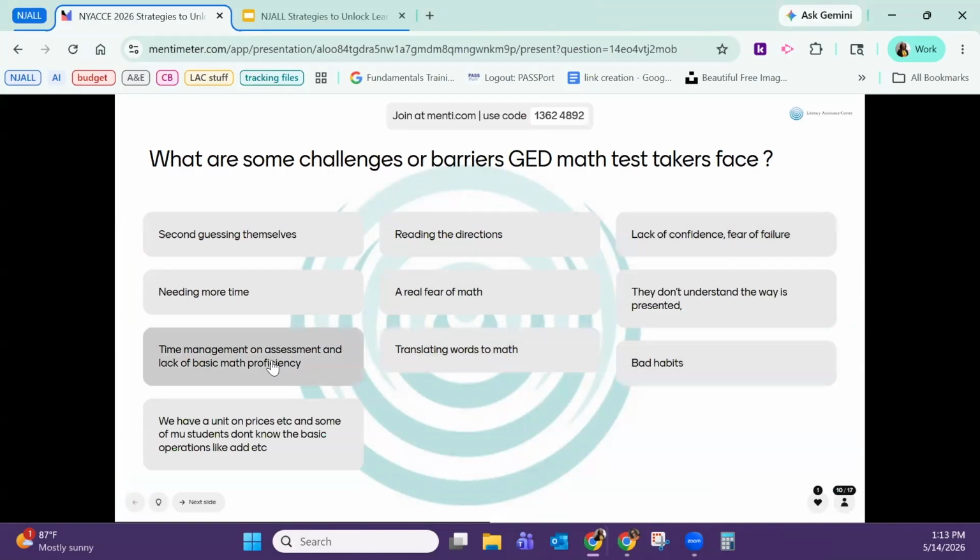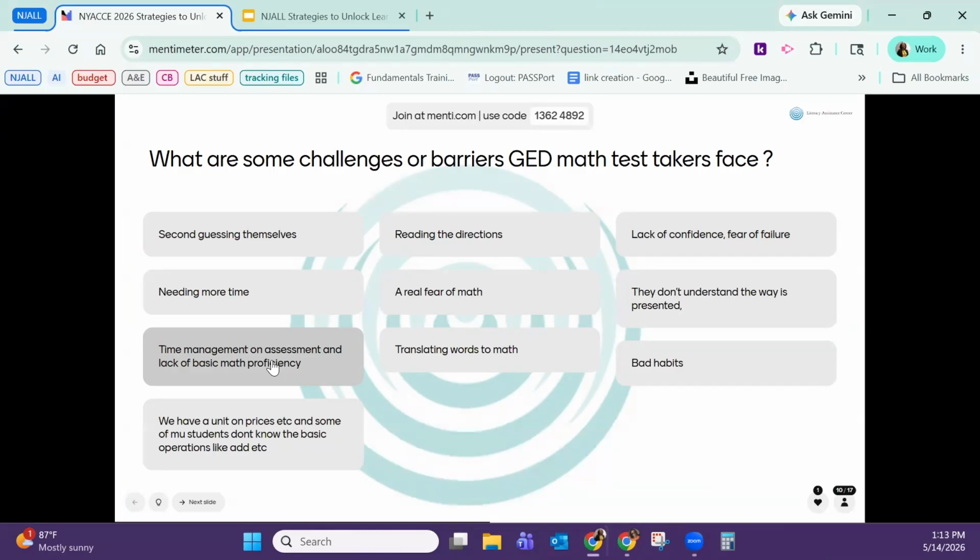Some of the strategies that we're going to share today will actually help us to tackle some of these challenges and barriers because they tend to be the same, right? The same barriers that your students in New Jersey are having, and the same ones that our students in New York are having, and the same ones that they're having in California and Kentucky and Idaho, right?